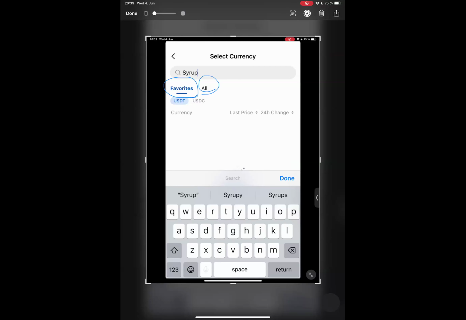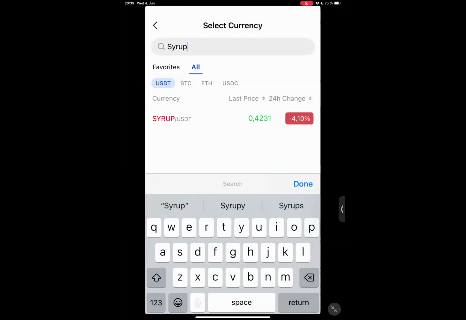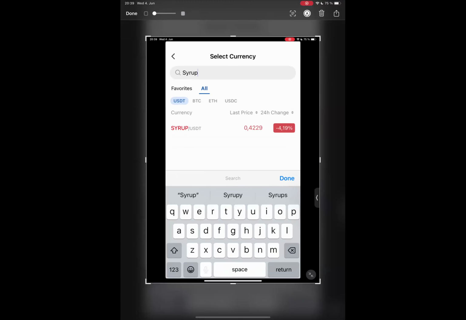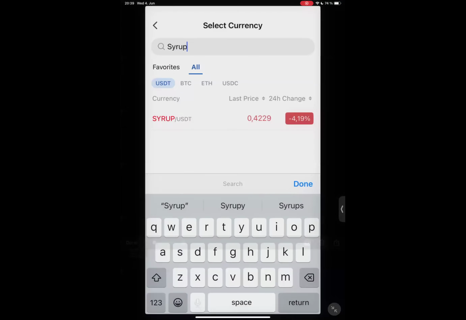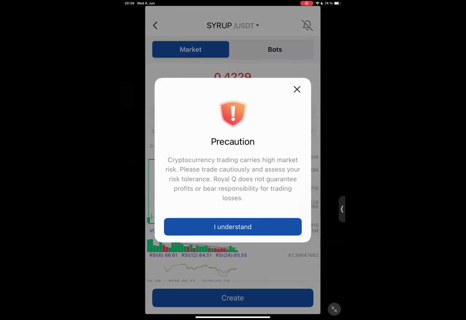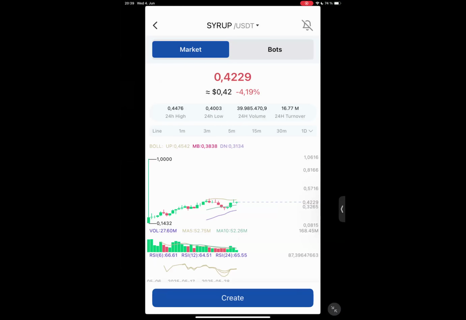So I need to go to all. Don't panic and say, hey, the coin is not there, I don't know what's happening. So you see, as I quickly switched it to all, the coin pops out. So I'll tap on it. Then I tap on I understand. Okay. I think it was launched not long ago.